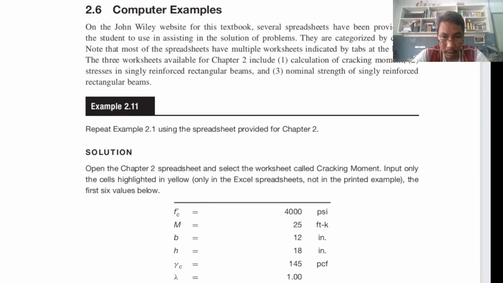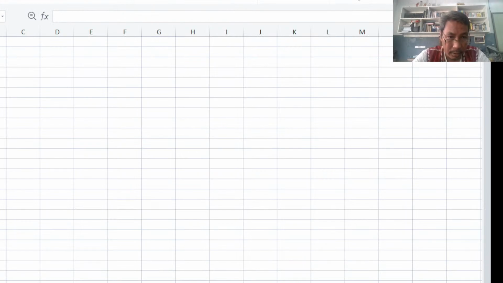So how to make f'c? Here we can make input values. First one is f'c.